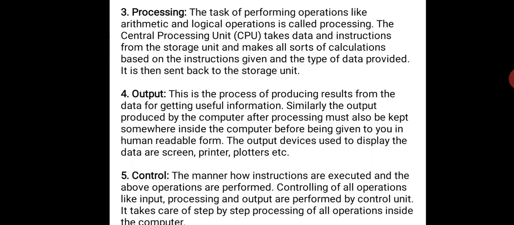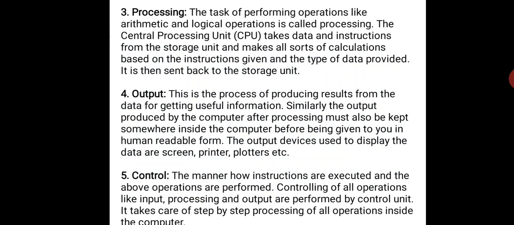Next one is processing. The task of performing operations like arithmetic and logical operations is called processing. The central processing unit takes data and instructions from the storage unit and makes all sorts of calculations based on the instructions given and the type of data provided.